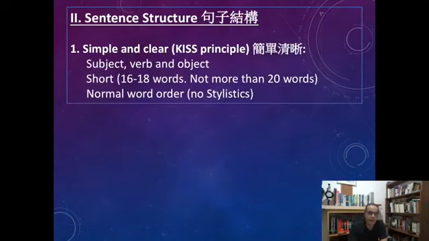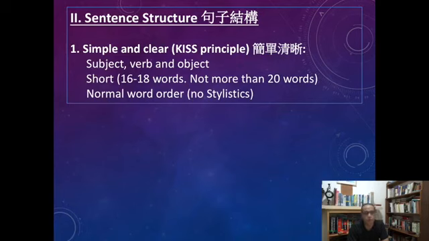About the sentence structure, 句子结构, always use simple and clear structure. Always use the simple form: the subject, the verb, and the object. 注意动词和宾语. And you always use short sentences. The sentence should be in English around 16 to 18 words.